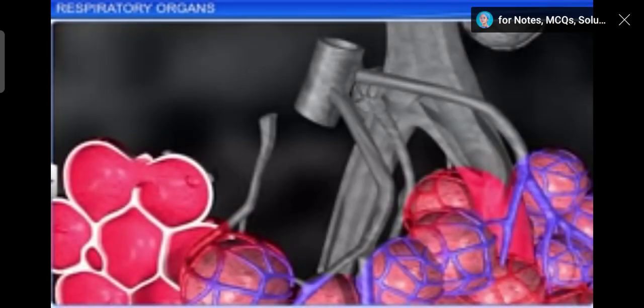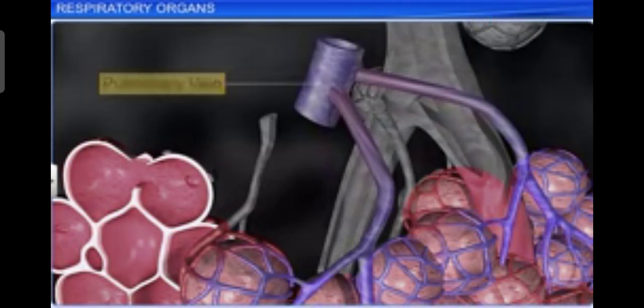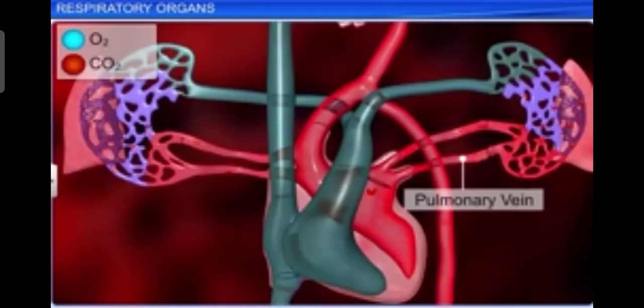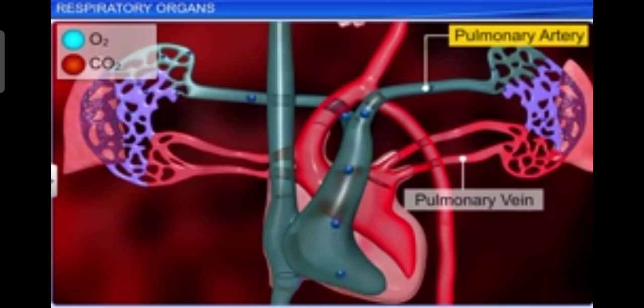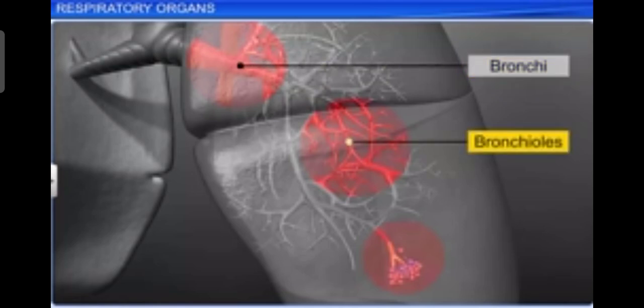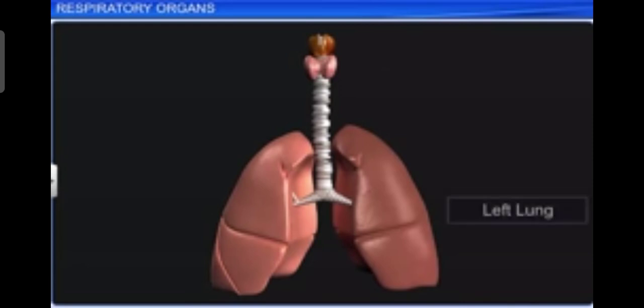We have two lungs which are covered by double-layered pleura with pleural fluid between them. This is the pulmonary artery through which deoxygenated blood passes, and this is the pulmonary veins through which oxygenated blood goes to the heart, and this is the bronchi, bronchioles and alveolus.